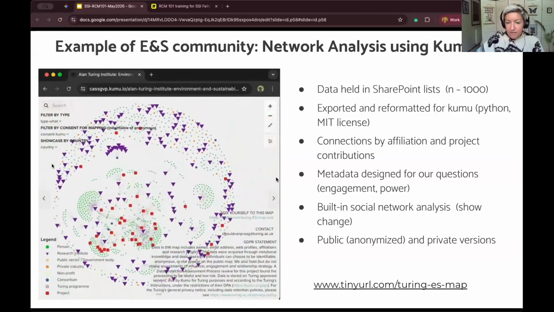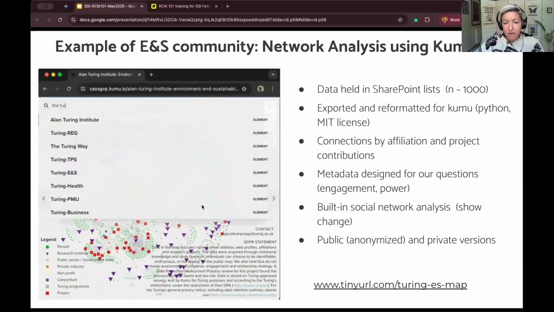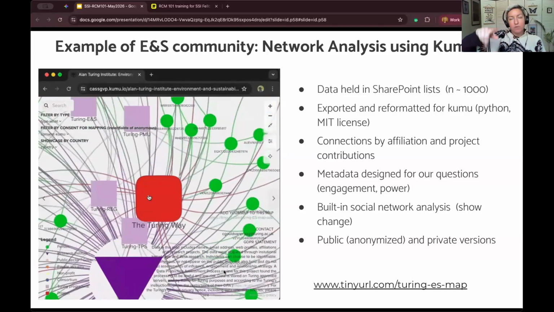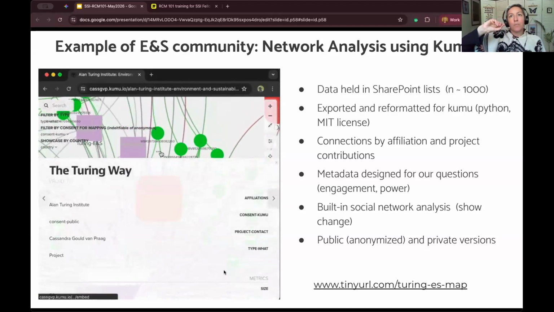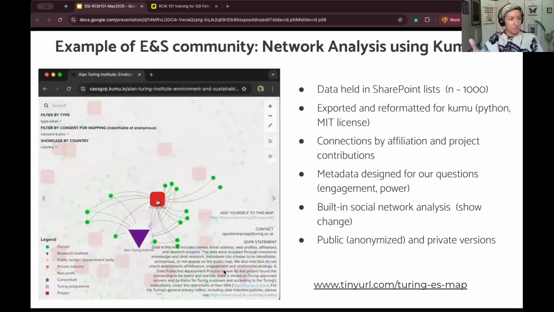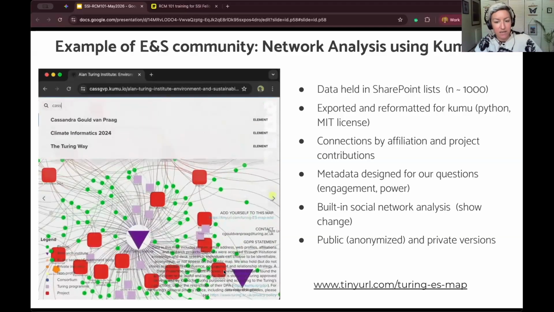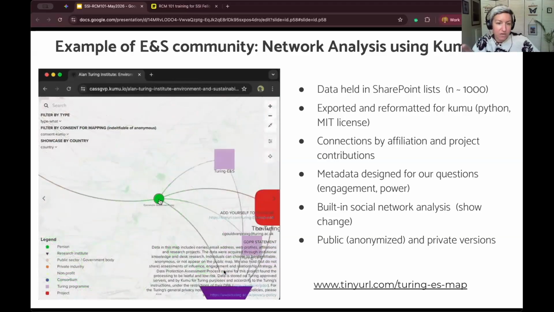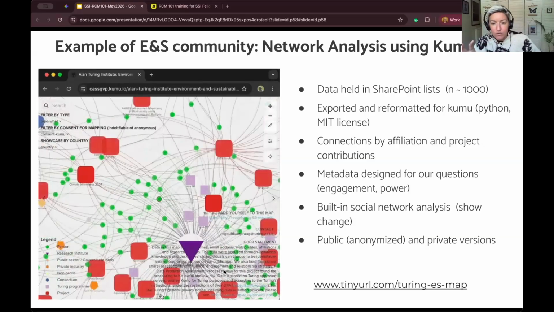Or you can see little purple triangles, which are institutions, and then lots of people around them, where I could see clusters of interest that helped me get buy-in to say, we've got a lot of interest in this specific area, this university is highly engaged with our work. We need to be doing something to support them, or we at least need to reach out and identify them. So this was an internal workflow process for me.